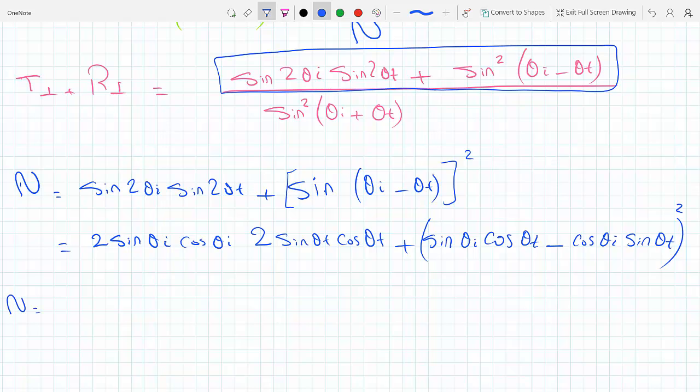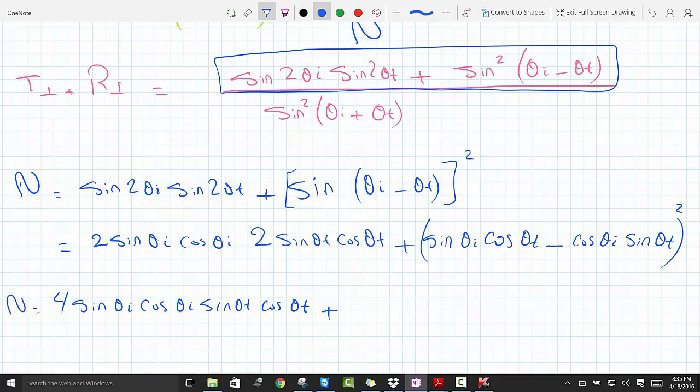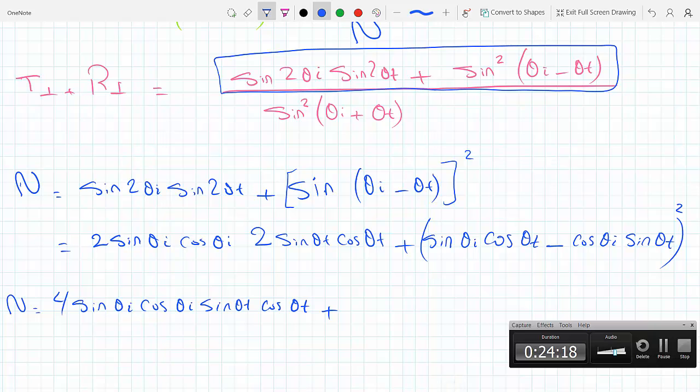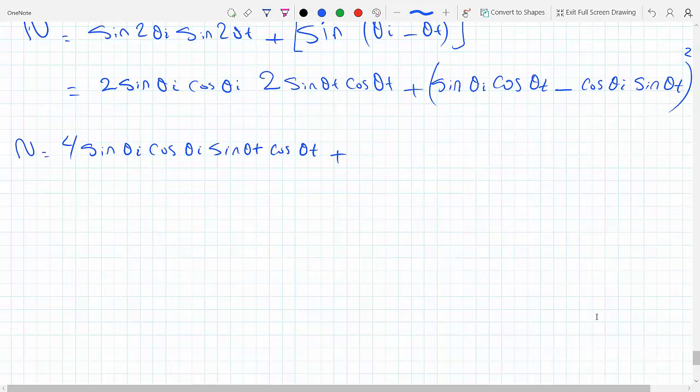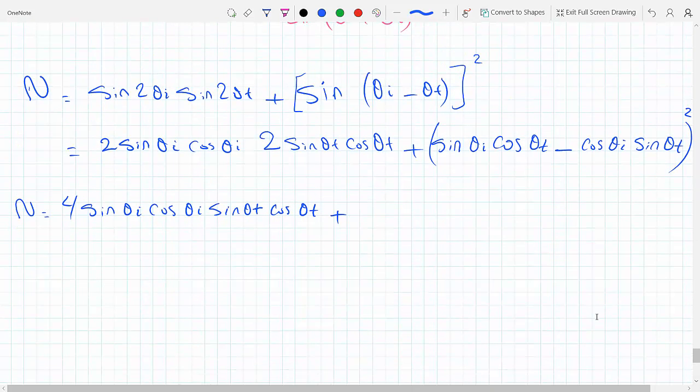So the numerator will equal, let's leave these the same, 2 times 2 is 4, so we have 4 sine theta I cosine theta I sine theta t cosine theta t plus, okay, so let's FOIL this up.